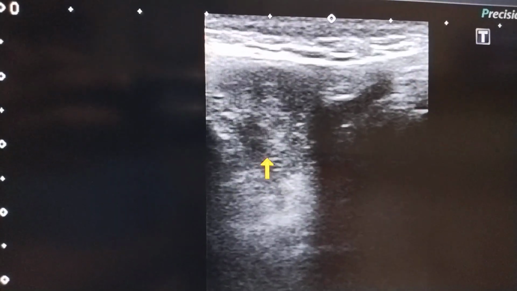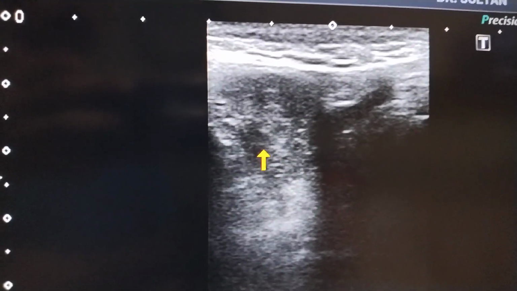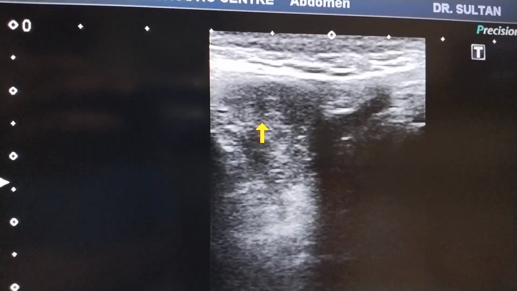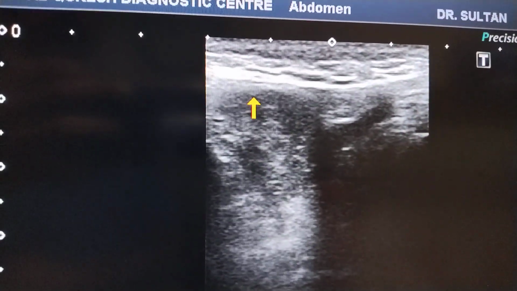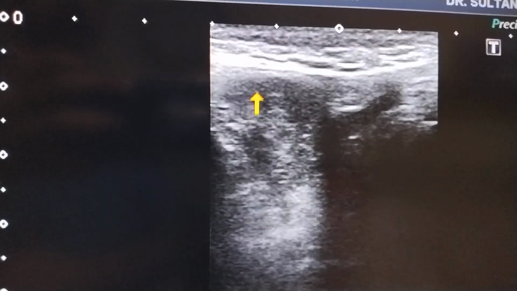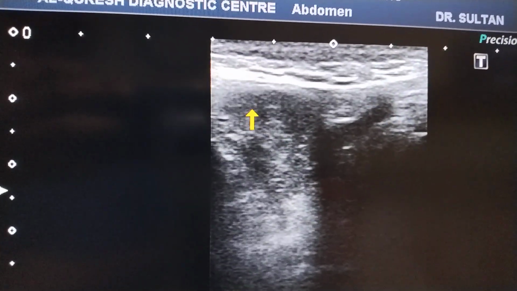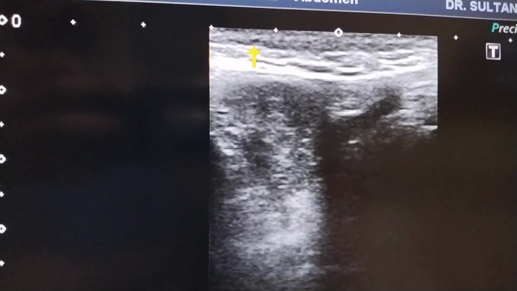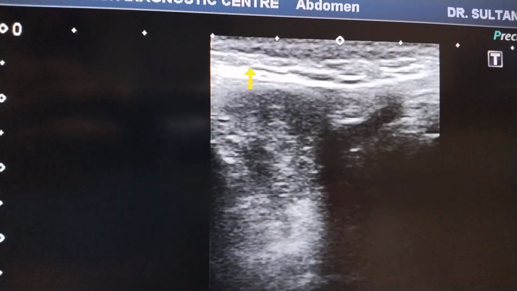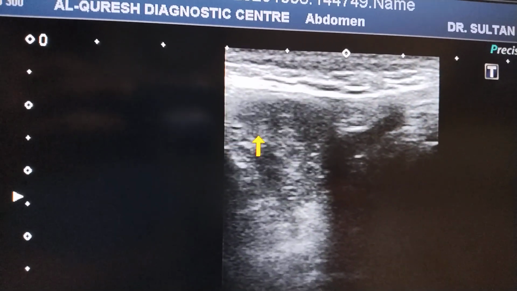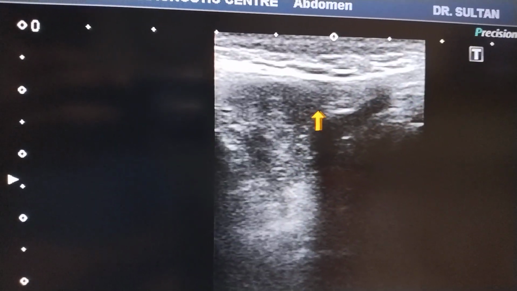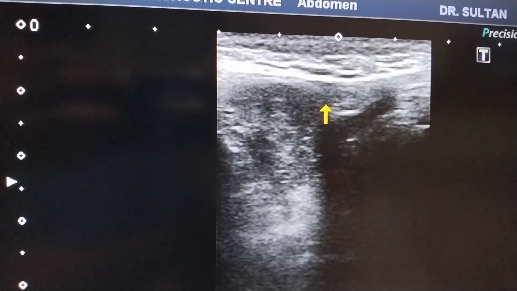This contents from the abdomen herniates, and then it protrudes, projecting in this direction toward the anterior abdominal wall, toward the skin region, not going to this inguinal canal.